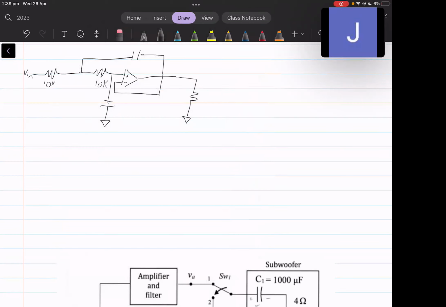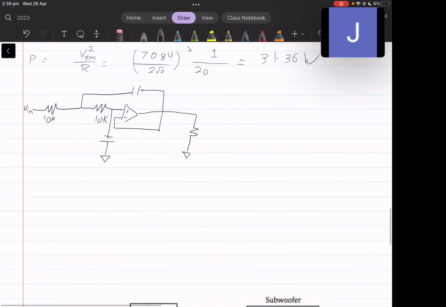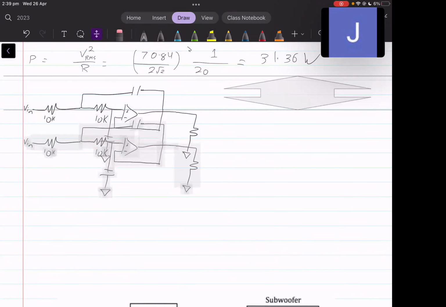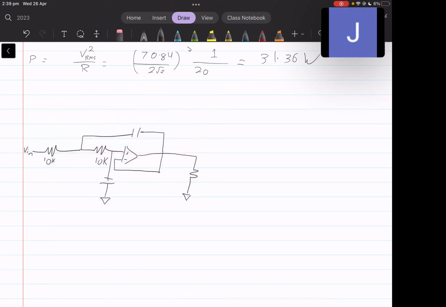Okay, so for this question, the first thing it tells us is that V in is 500 Hertz, and it has an RMS of 500 millivolts.